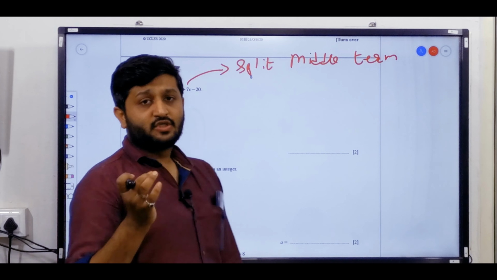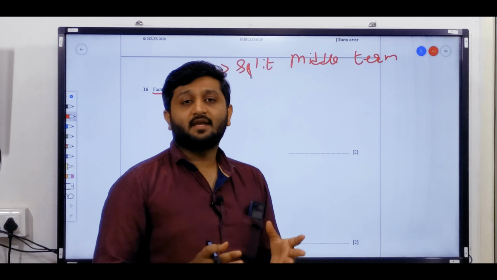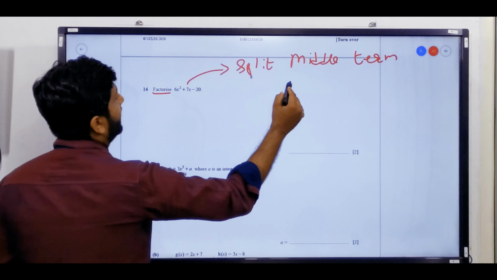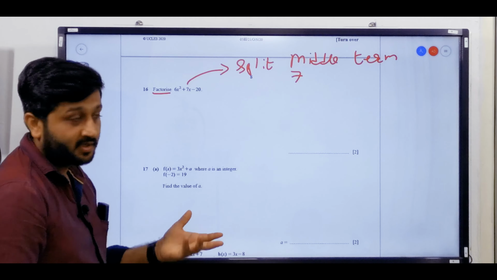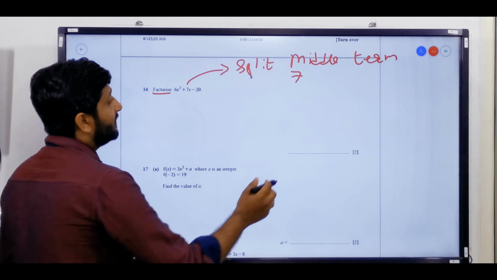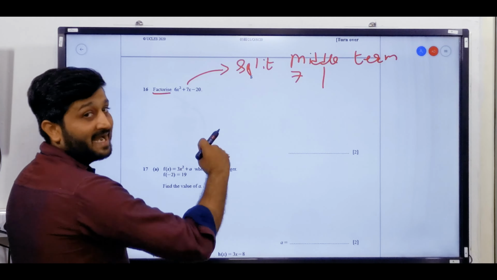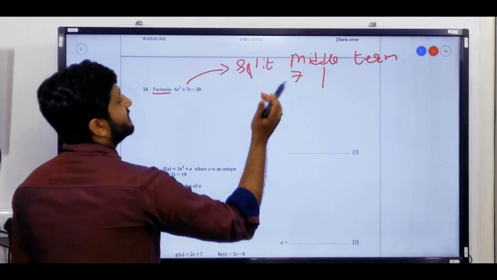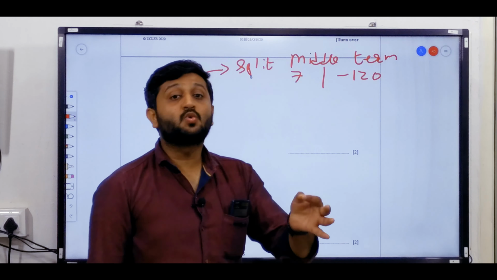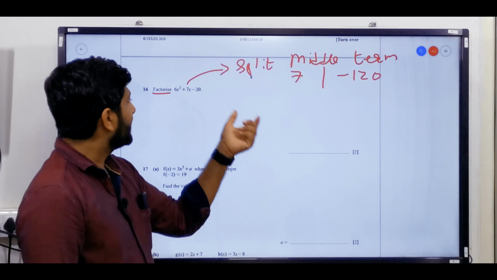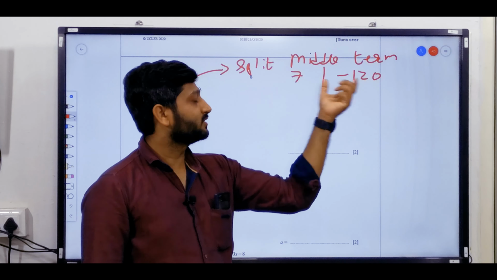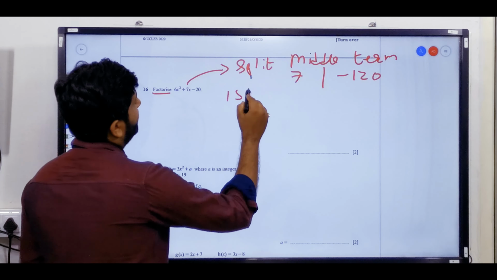The middle term should be split in such a way that if I add those two numbers, I should get 7, which is my middle number, and when I multiply those numbers, I should get the multiplication of the first term and last term. First term is 6, last term is minus 20, so I should get minus 120. So my two numbers should be such that the addition should be 7 and the multiplication should be minus 120, which are 15 and minus 8.